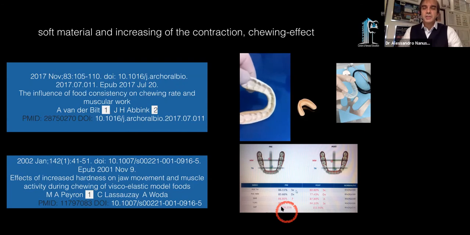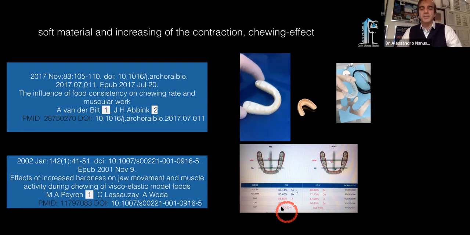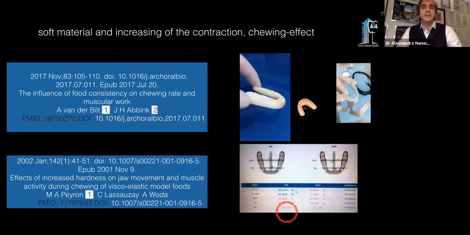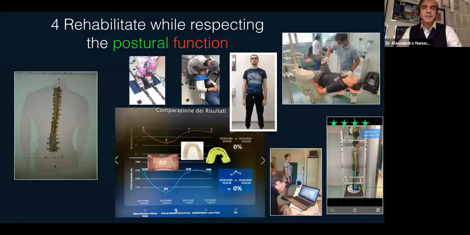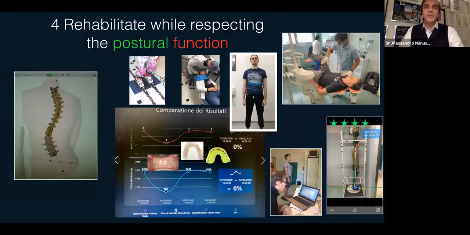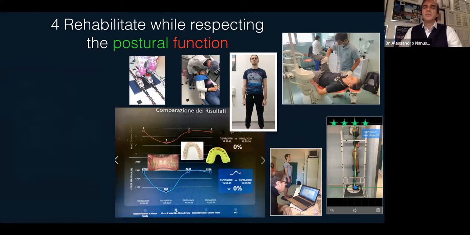It's too much. This can ruin your work with prosthetic treatment and his teeth. There is so much literature and scientific papers that demonstrate it's dangerous. And then we also want to respect postural function. With many instruments we can use, for example, a stabilometric platform, or a visual instrument.